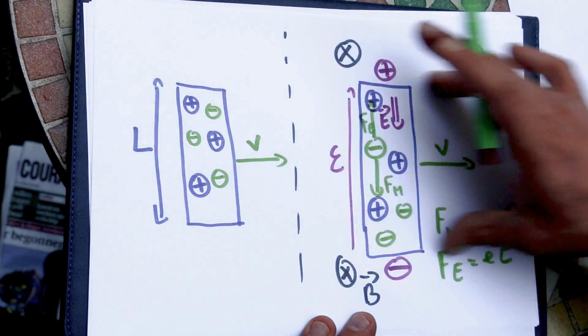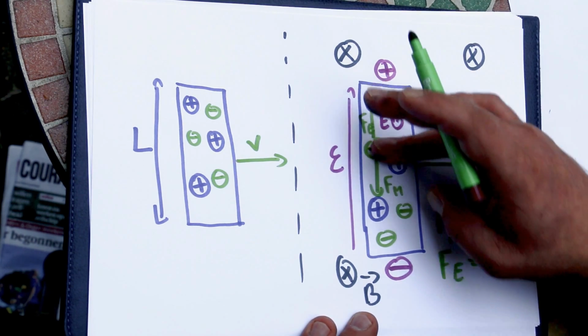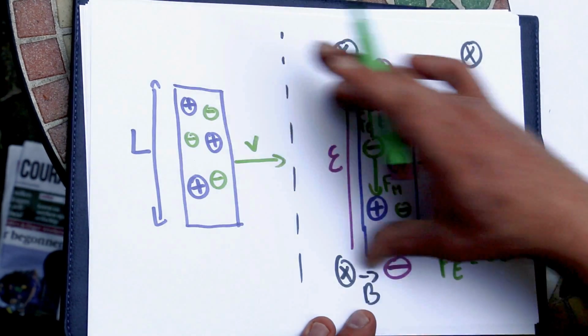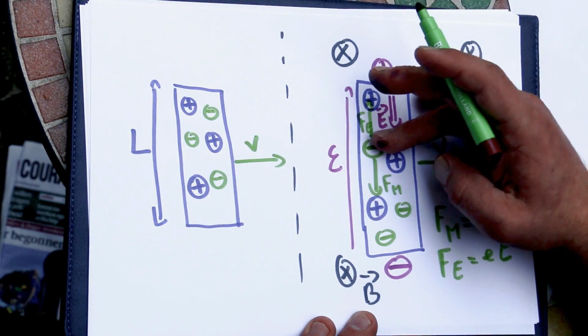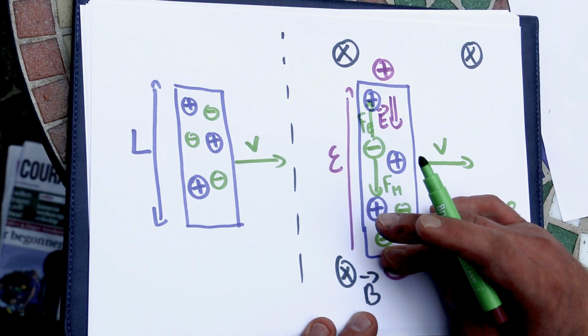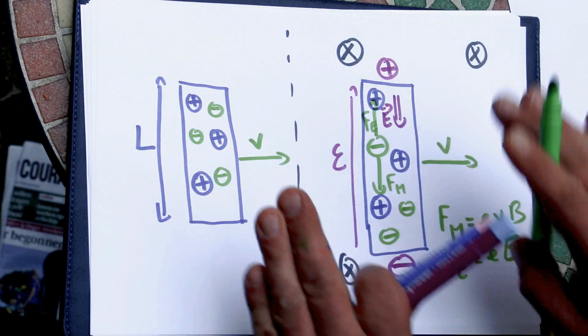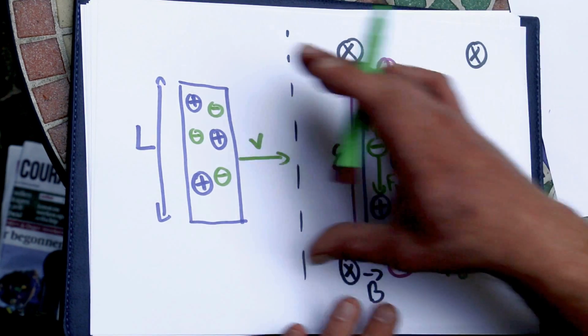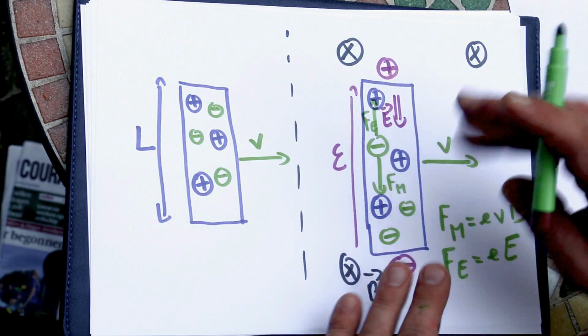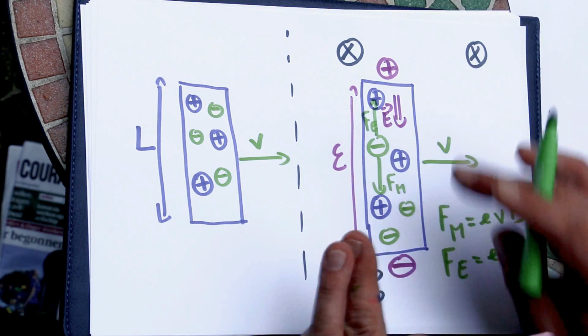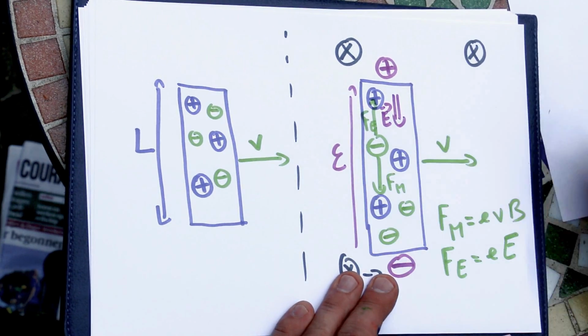Now, because you're moving the bar to the right, the electron is pushed downward due to the magnetic field. But because it's pushed downwards, it creates an electric field. So it kind of balances itself after some time. Very quickly, the electron will find a kind of compromise between the two forces and find its place.